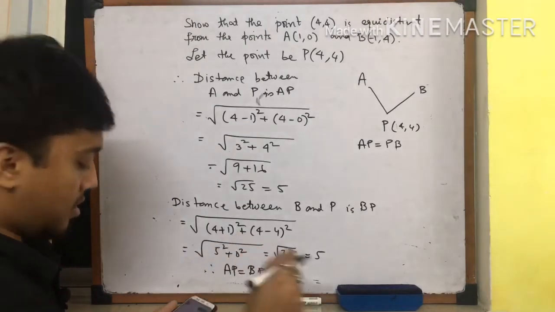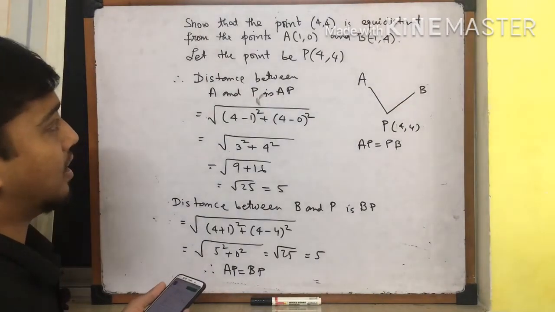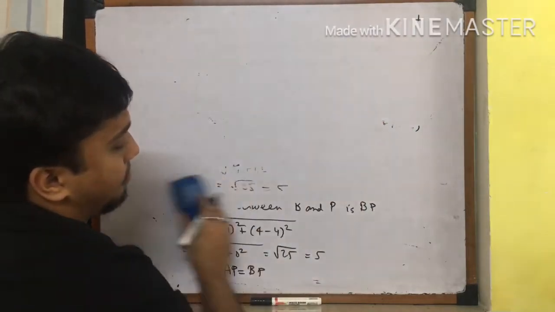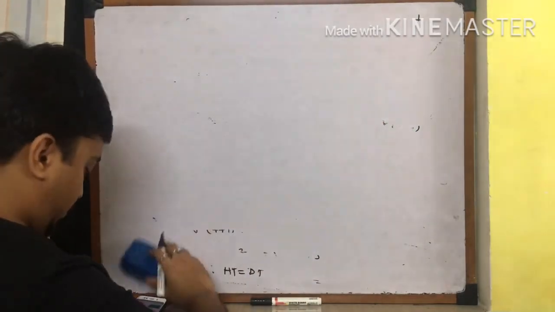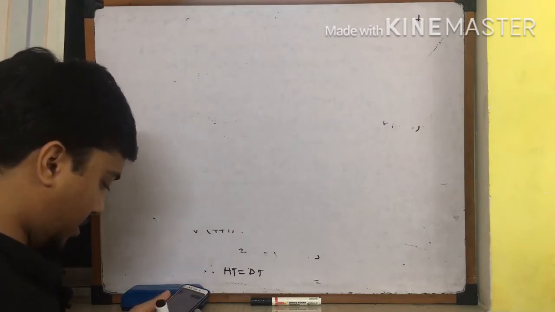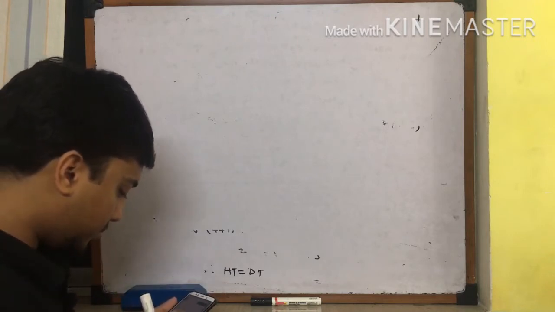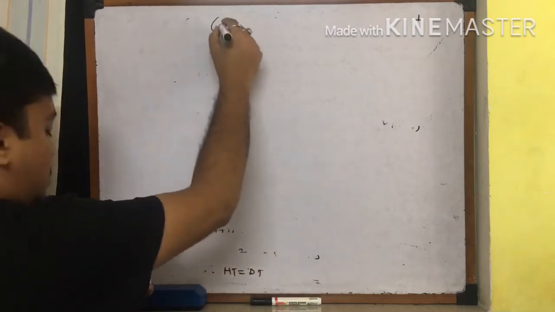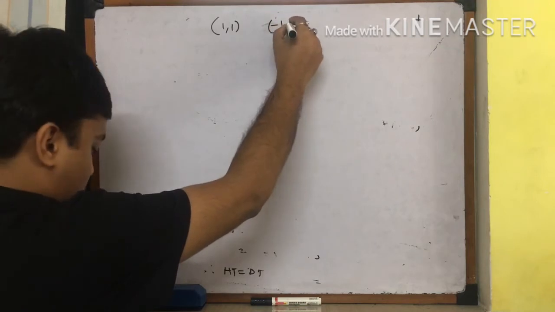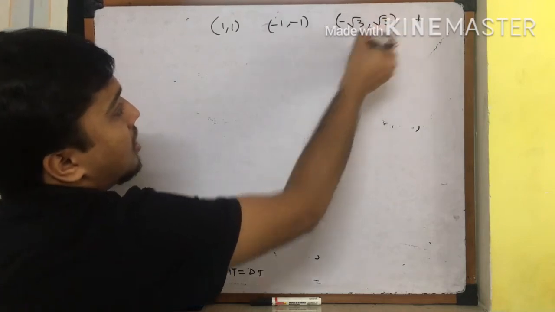Now, the next sum is about 3 points that are given. We have to prove that they form an equilateral triangle. The points are (1, 1), (minus 1, minus 1), and (minus root 3, root 3).